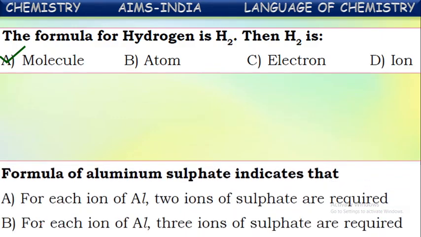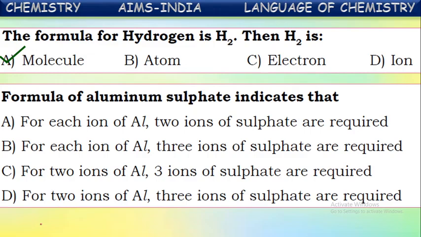Next one. Formula of aluminium sulfate. Can we try to write the aluminium sulfate formula? We know the ion formed by aluminium is Al+3, and the sulfate ion or sulfate radical formula is SO4-2.